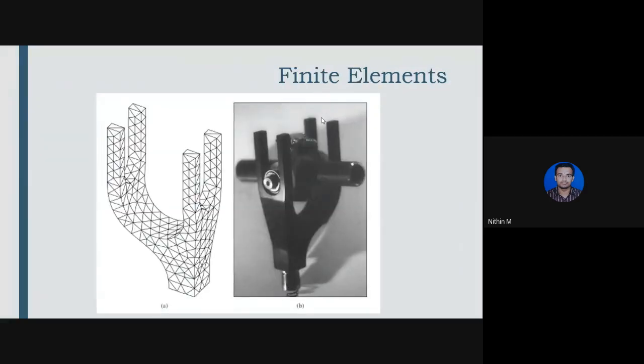Okay, now let us try to understand what we mean by this word finite element. The picture that you are seeing on your right is basically a hand prosthetic, a prosthetic arm of a weightlifter. Due to some reasons, his arm was amputated.